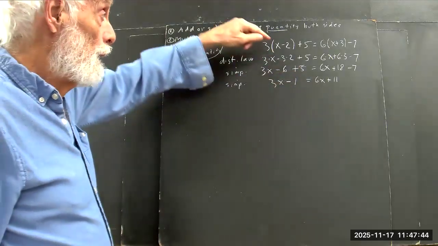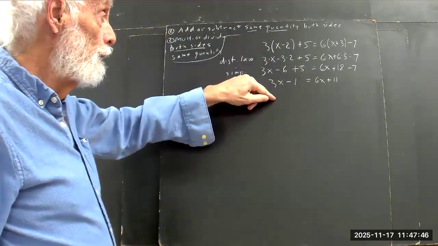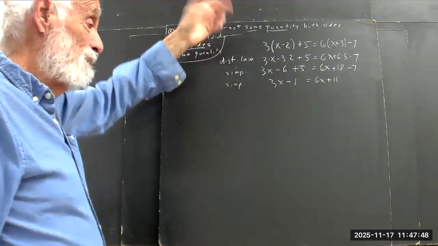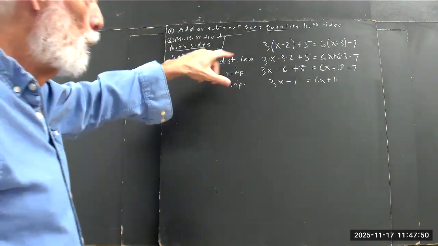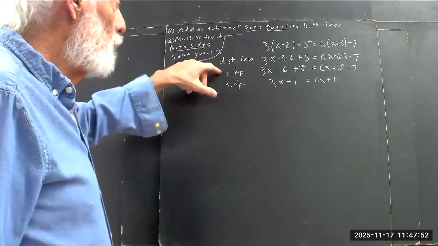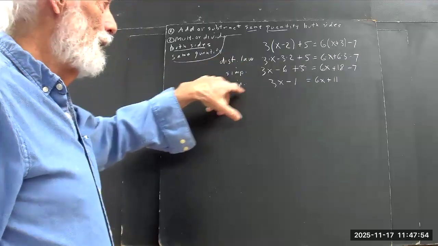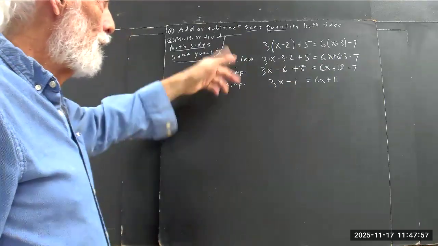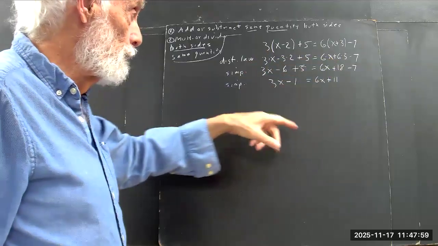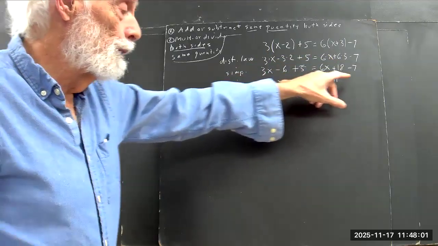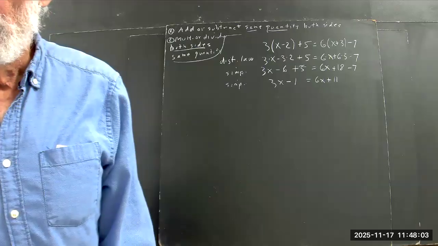To get from here to here, we just follow a couple of common steps. We use the distributive law, we simplify, and then we simplify again, because the first simplification is just these multiplications, and then we have to do these additions or subtractions.